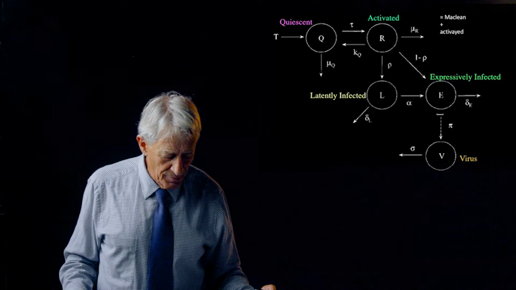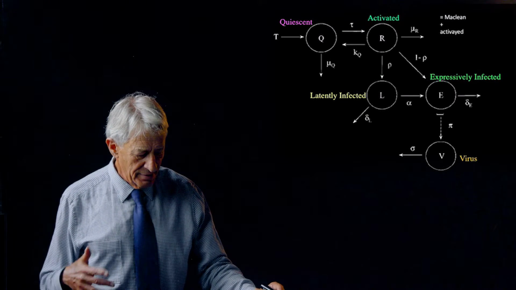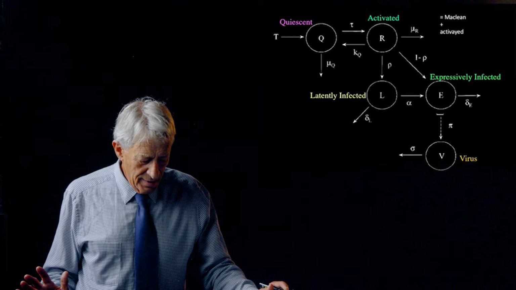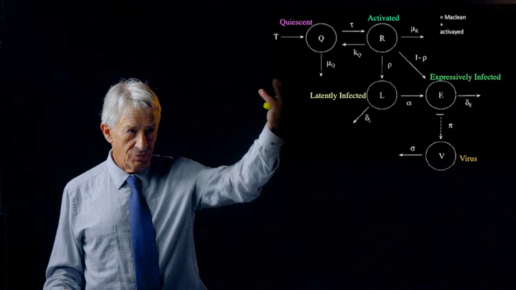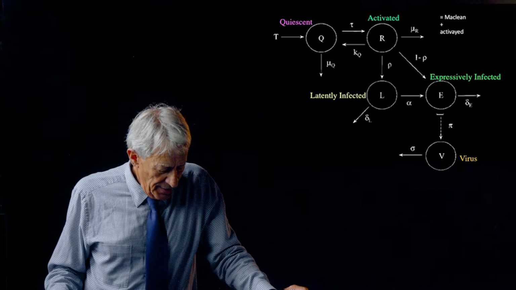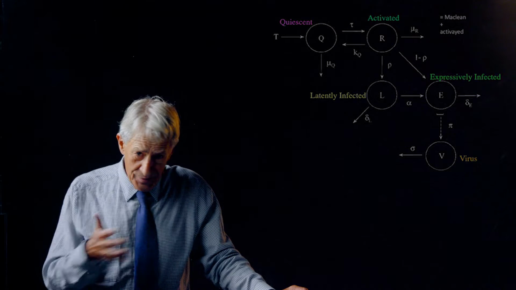We added that into the model. We now have a 5-variable model. And you see the 5 differential equations. And they're kind of exactly what you expect from the compartmental model.